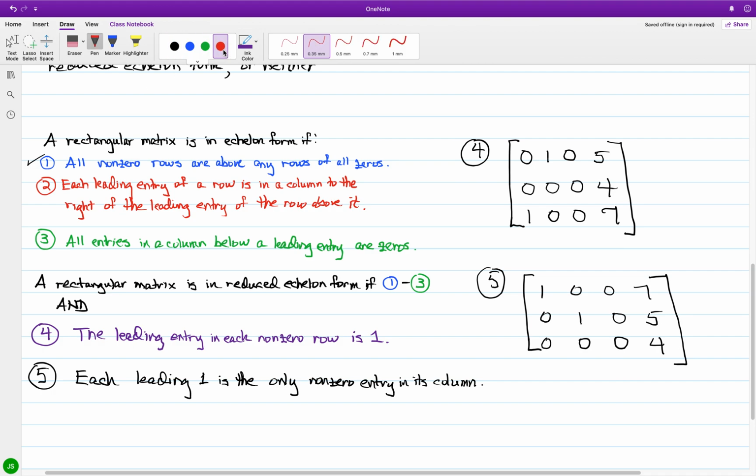Well, we have a leading entry of 1 in the first row, but we don't have any leading entry for the second row. So you have an imbalance here, and the second case already strikes out.